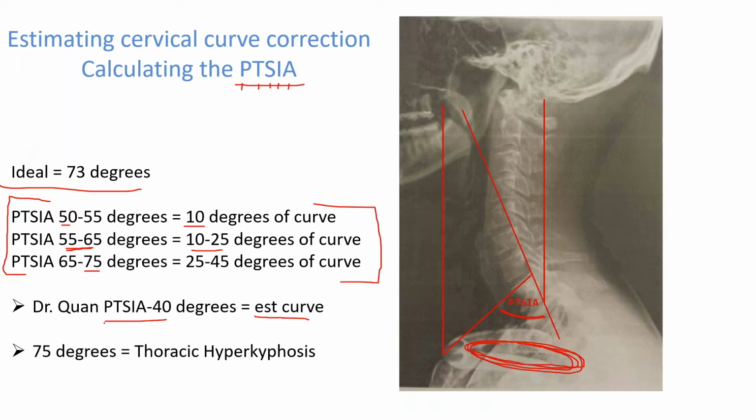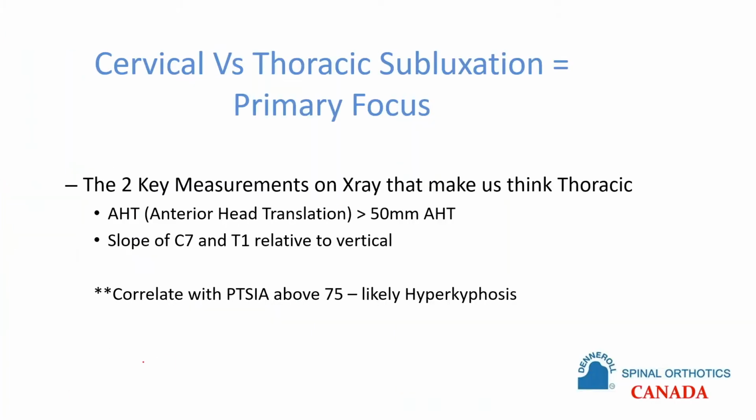So this is a very good estimate as of right now to measure how much curve is possible for a patient. If the pizza angle is above 75 degrees, we're thinking thoracic hyperkyphosis, right? And if that pizza angle is above 75 degrees, we're going to be looking at these two measurements: large anterior head translation and the slope of C7 and T1 relative to vertical, right?